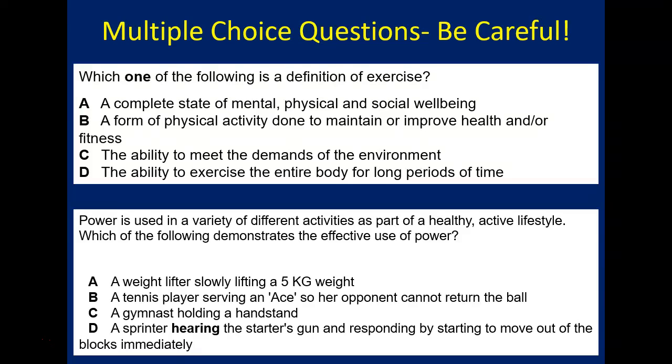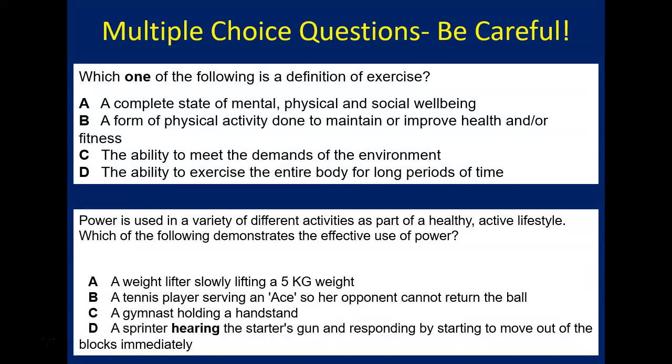If we look at the different answers it gives you, so a weightlifter slowly lifting a 5 kilogram weight. So going back to the definition of power, speed times strength, we can see it mentioned slowly. That would not be the correct answer. C, if I jump past B, a gymnast holding a handstand. Again, holding something isn't really a correct explanation or example for power.